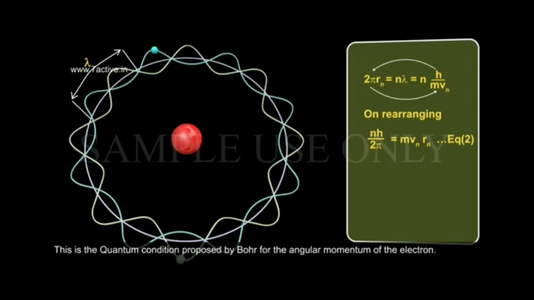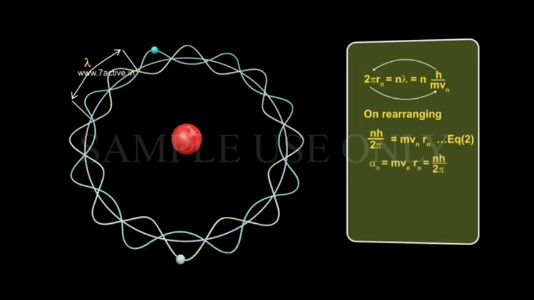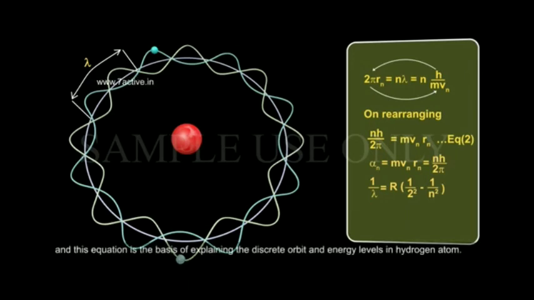This is the quantum condition proposed by Bohr for the angular momentum of the electron: Ln = mvnRn = nh/2π. 1/λ = R(1/2² − 1/n²). And this equation is the basis of explaining the discrete orbits and energy levels in the hydrogen atom.